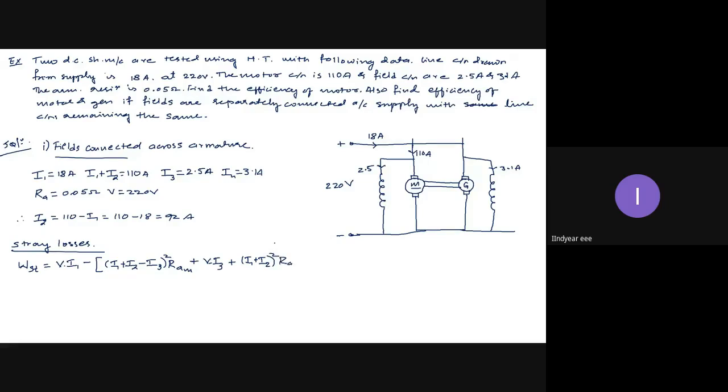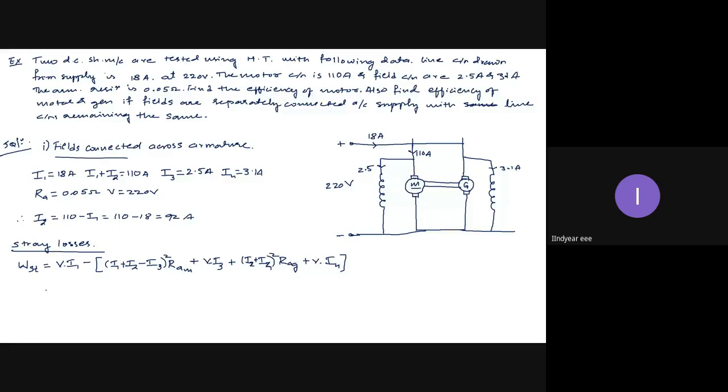Sorry, not I1 plus I2 square, it is I2 plus I4 square RAG. There is no brush drop given, so we will not consider it. That's it.